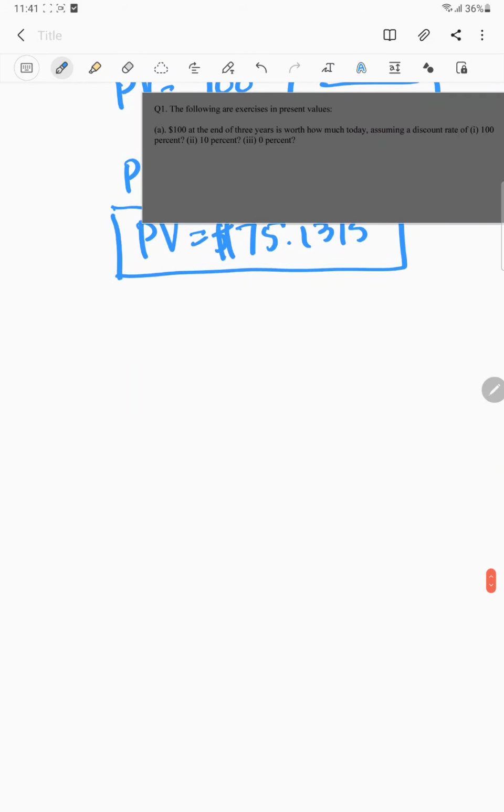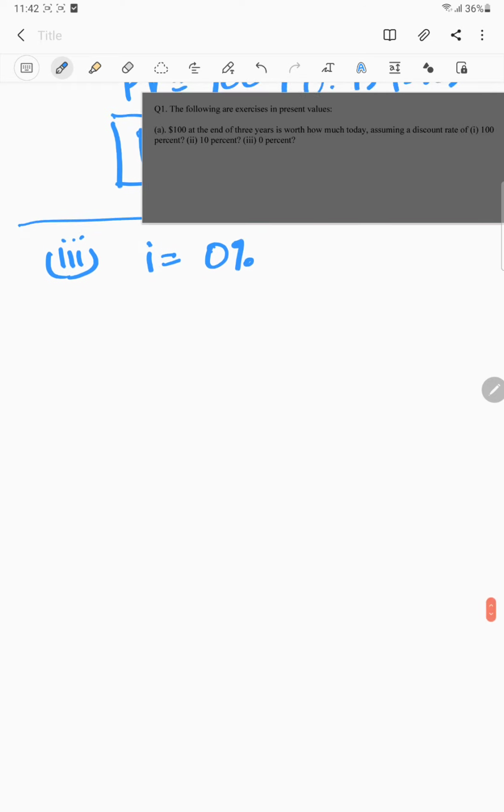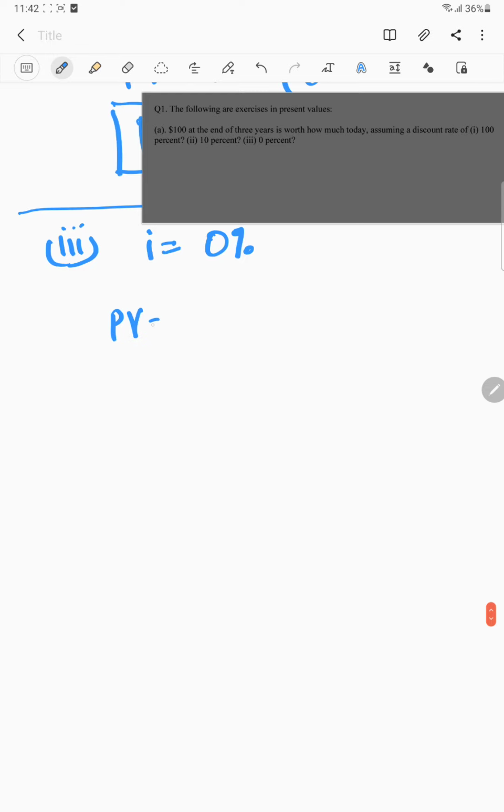So this is the second scenario, where we had the interest rate of 10%. Let's move to the third scenario, where we are assuming an interest rate of 0%. We'll use again the same formula. PV equals future value times 1 upon (1 plus i) to the power n.